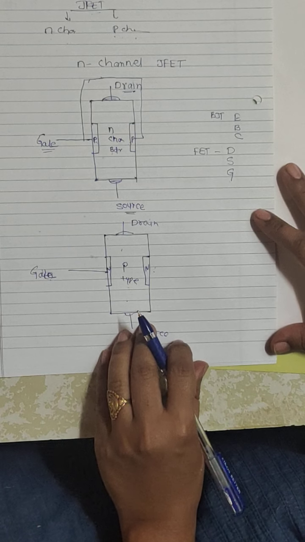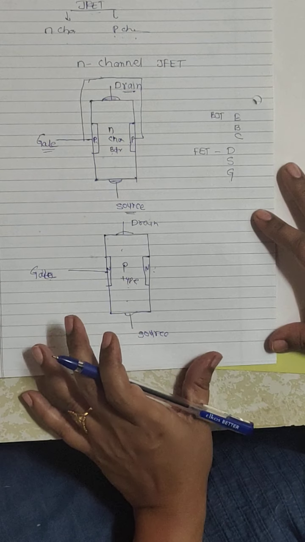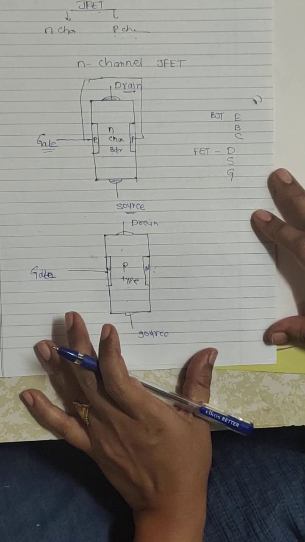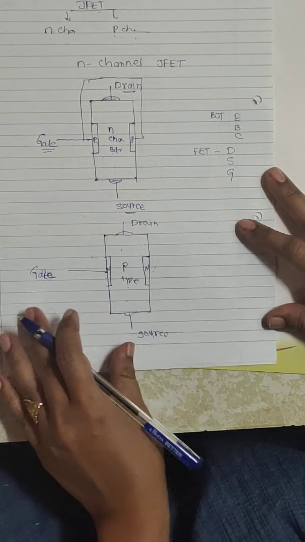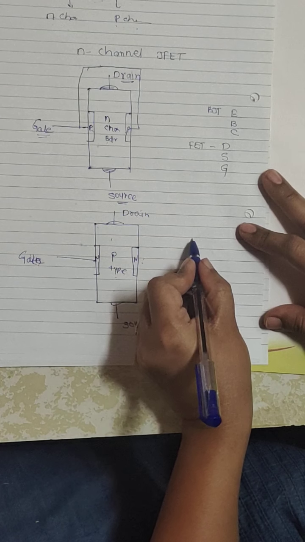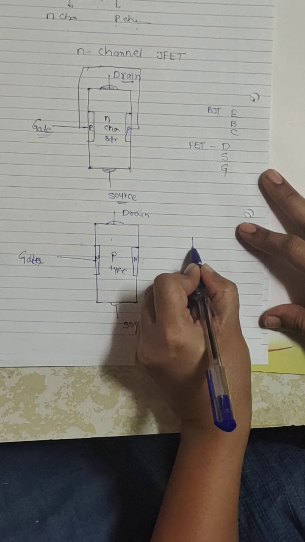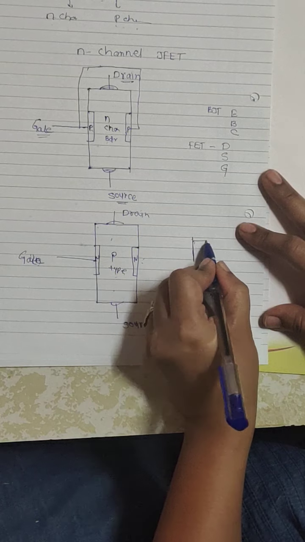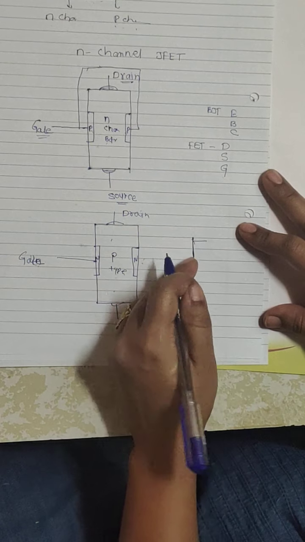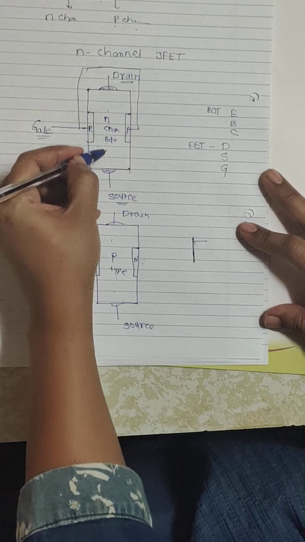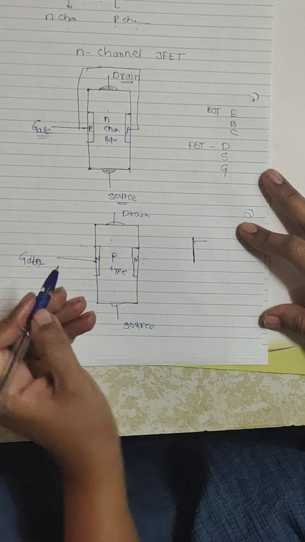Now we will discuss the symbol of the junction field effect transistor, N channel and P channel. The symbol is very simple. One line denotes the N type bar or P type bar.